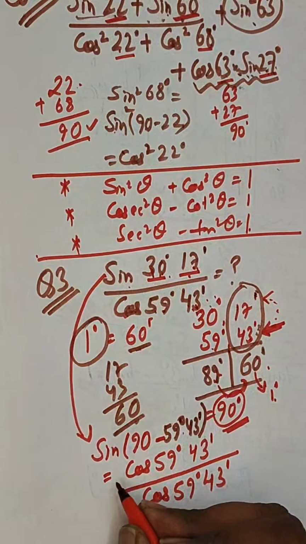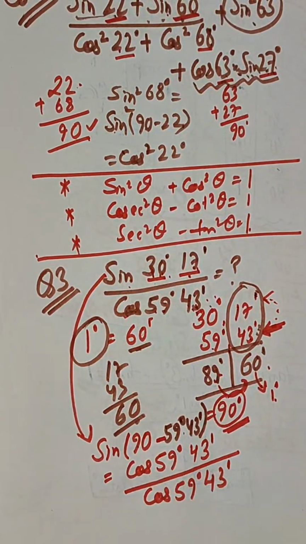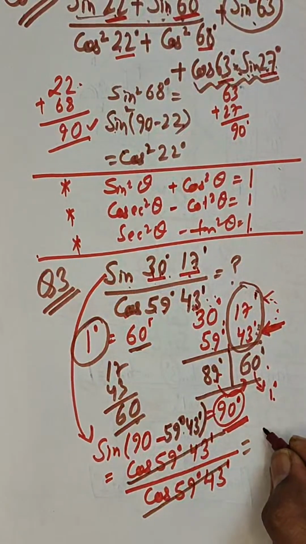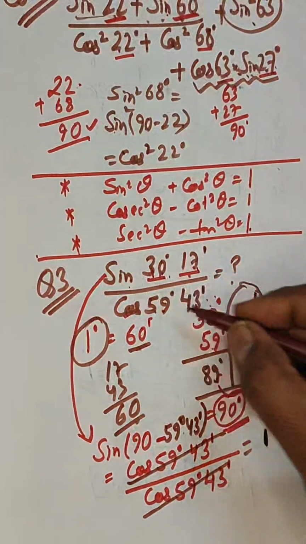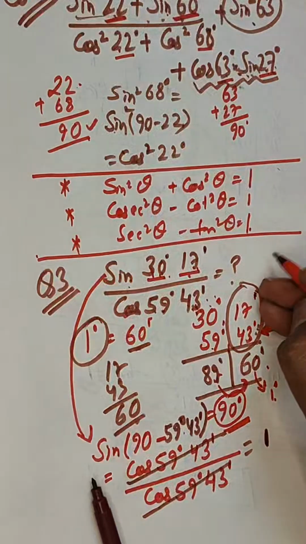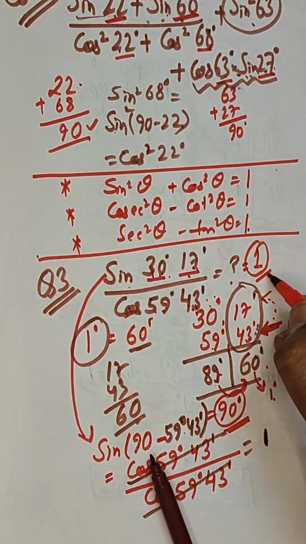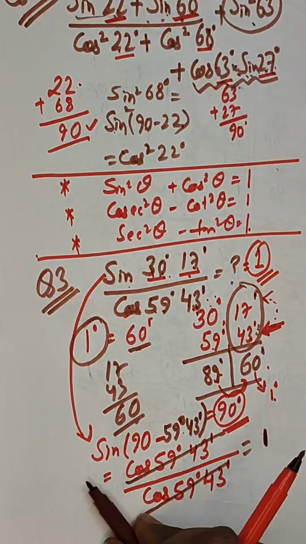So this will be cancelled out, and you will get your answer as equal to 1. You can solve it very easily.